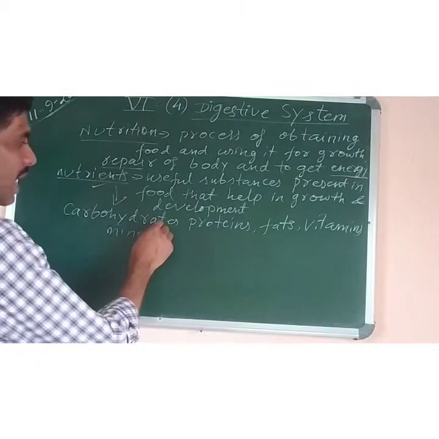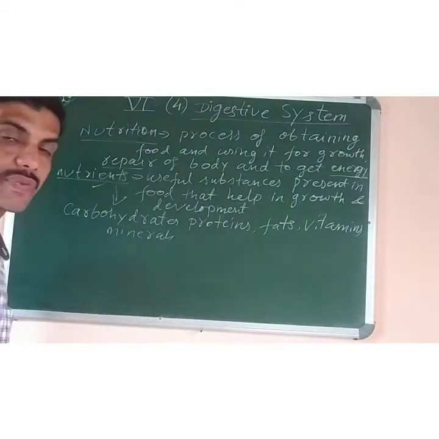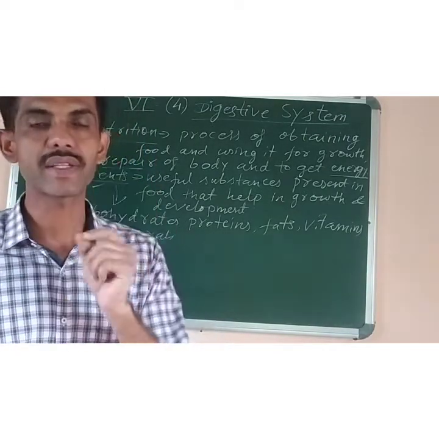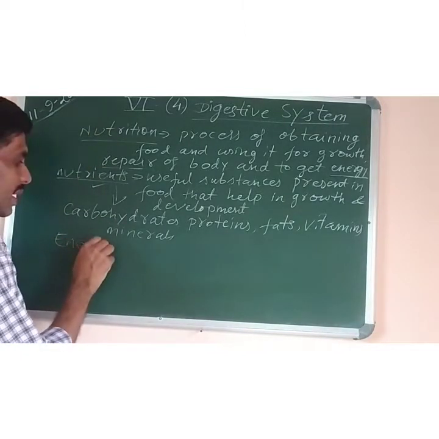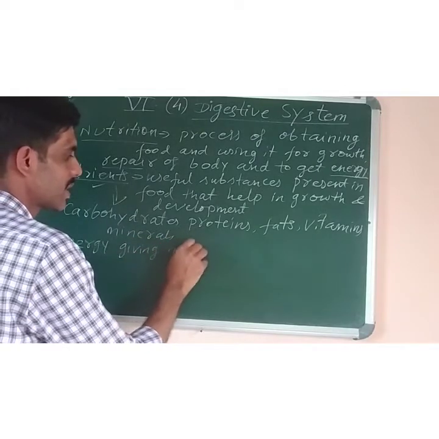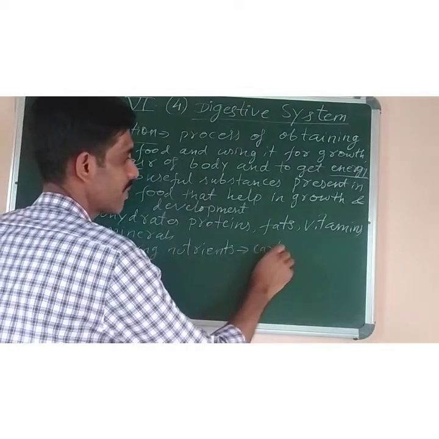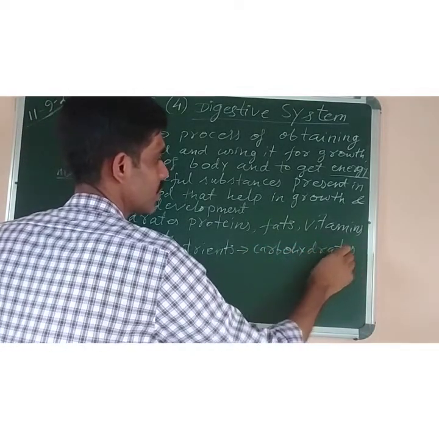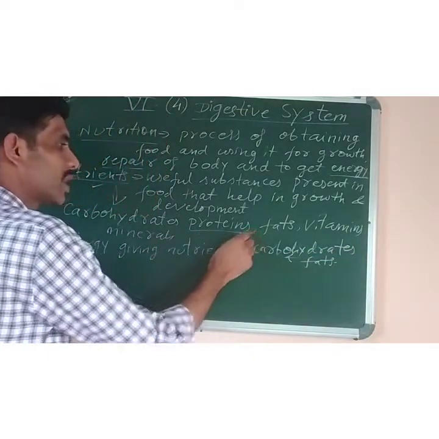Like these carbohydrates and fats, both of them are energy giving food. So we classify them into different types. Those nutrients that give energy to our body are called energy giving nutrients. If I name the two energy giving nutrients, the answer is carbohydrates and fats. Means these two provide us with energy. Then bodybuilding food is this one, the proteins.